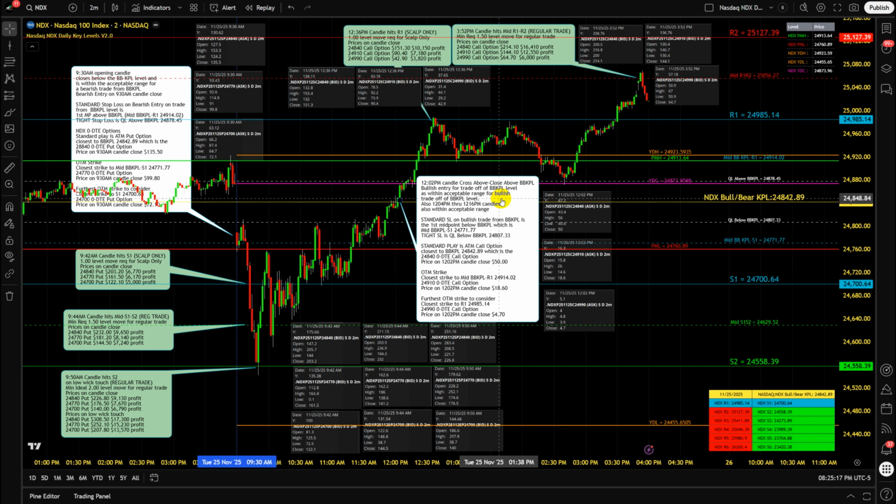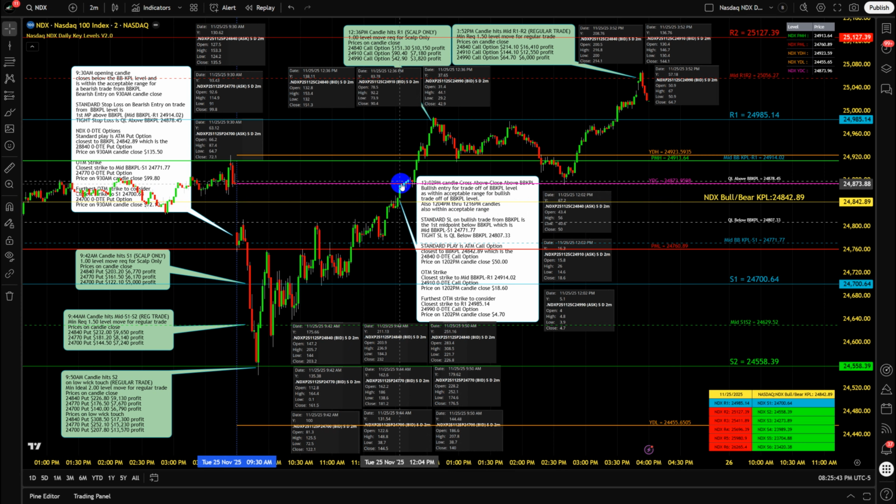Okay, so the next trade, the 12:02 p.m. candle cross above, close above the BB-KPL here on this candle. Now, as we've noted here, that's within the acceptable range for a bullish trade off the BB-KPL level, but also the 12:04 through 12:16 candles are also within the acceptable range.